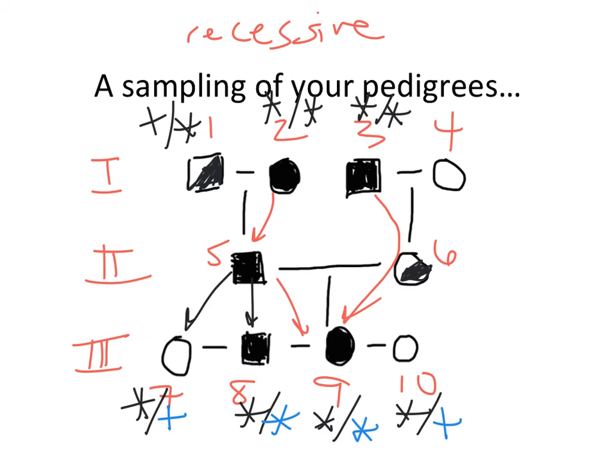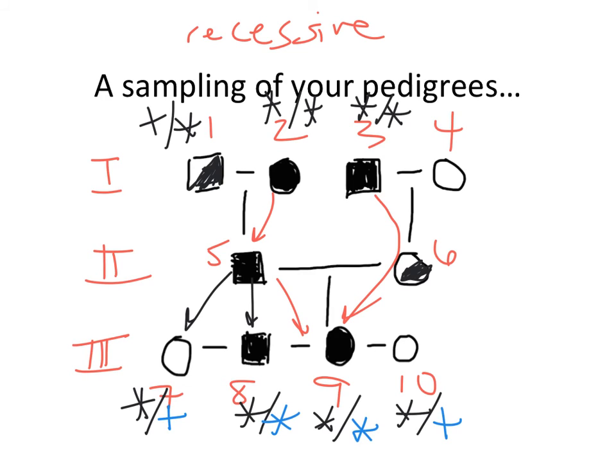So you said it's. So if this is recessive, if it's X-linked, then individual 5, dad, has the mutation, has the trait.